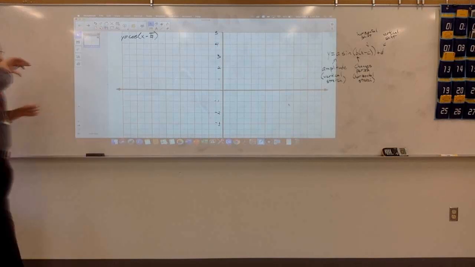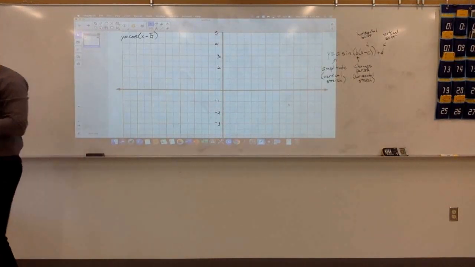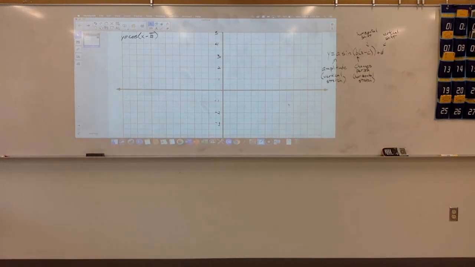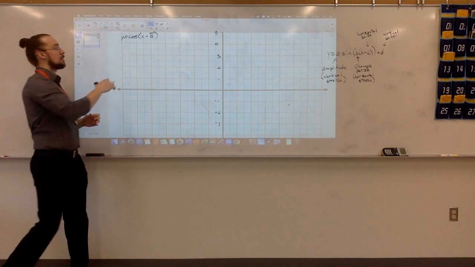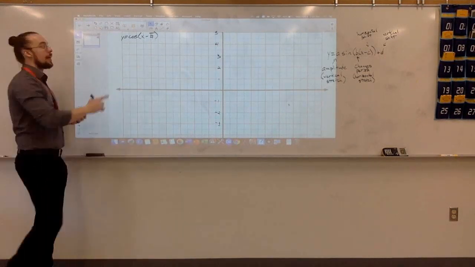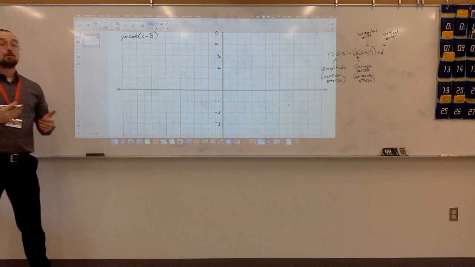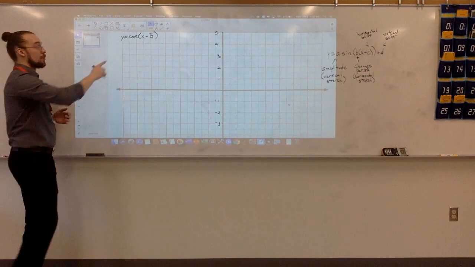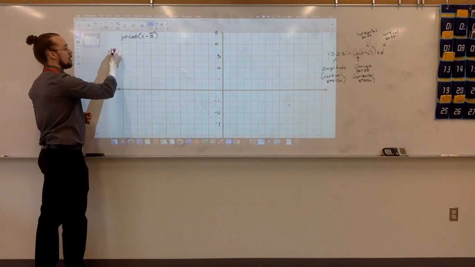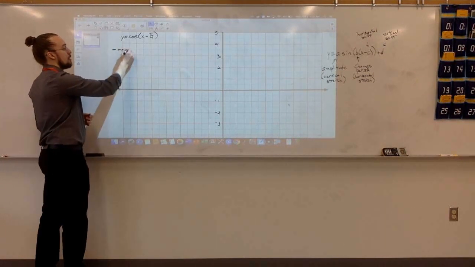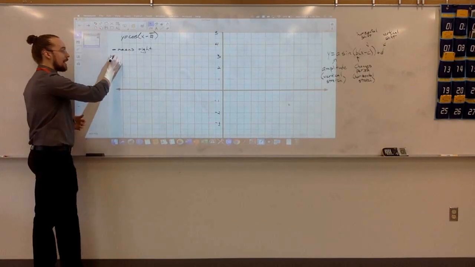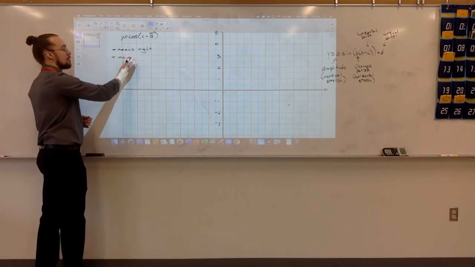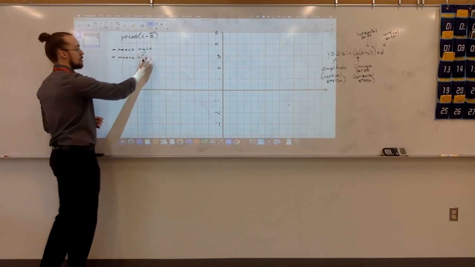Now, we looked at shifting of generic graphs in the first semester. And whenever we had x minus something inside of the function, that actually meant shift to the right. Right? So you make a note of that. Minus means to the right. If we would have been adding in here, that means we would be going to the left.